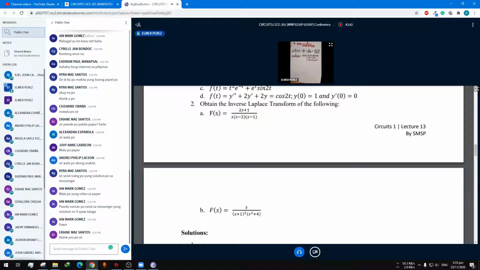Okay, for this one, bibilisan ko na lang. So this is a combination of yung mag-a-assume ka ng value ng s, at saka in terms of coefficient. Okay, let's say if s is equal to negative 1.